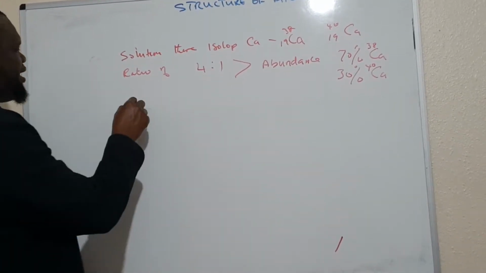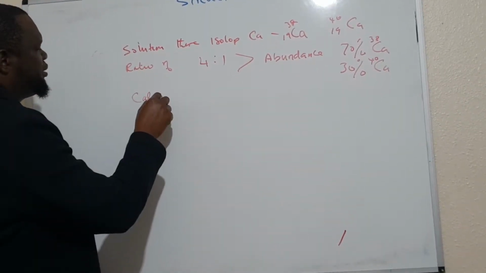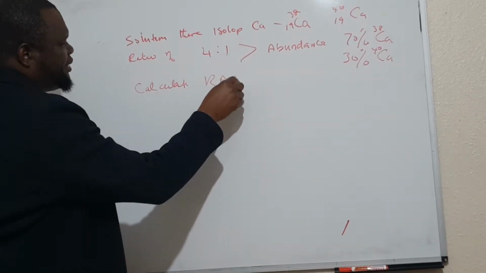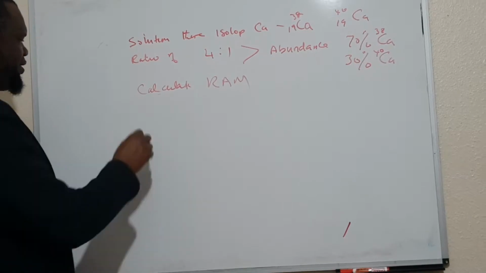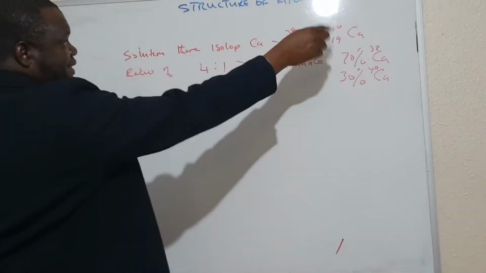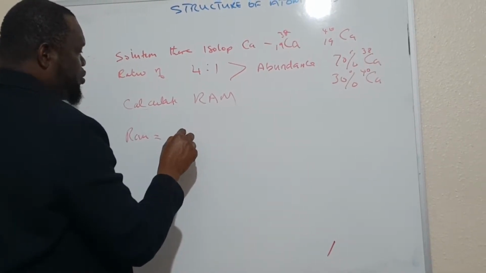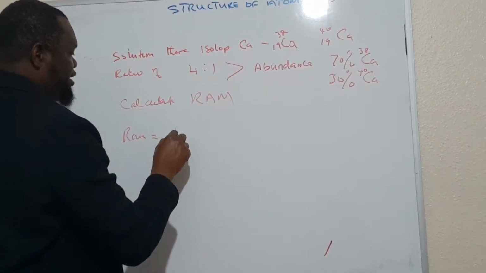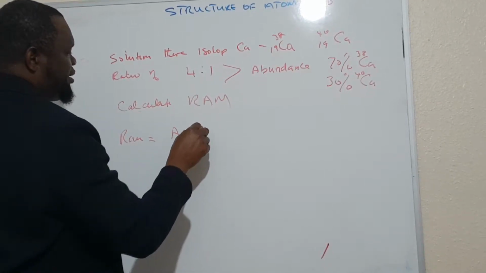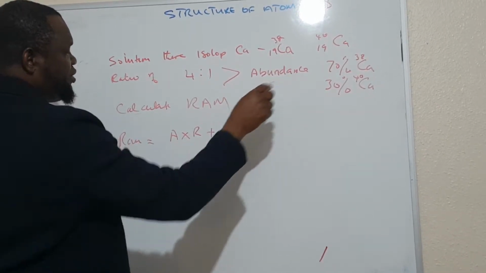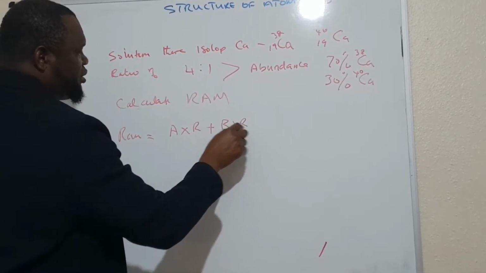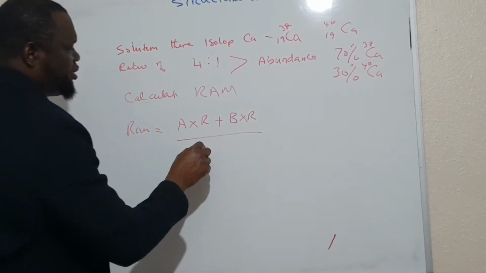So calculate the relative atomic mass. The relative atomic mass is equal to the mass of one isotope, isotope A, times its ratio, plus the mass of the other one, isotope B, times its ratio, divided by the sum of the two ratios.